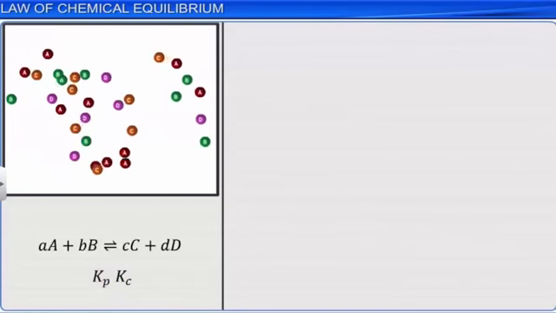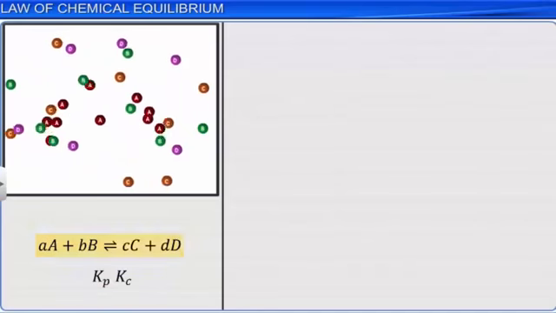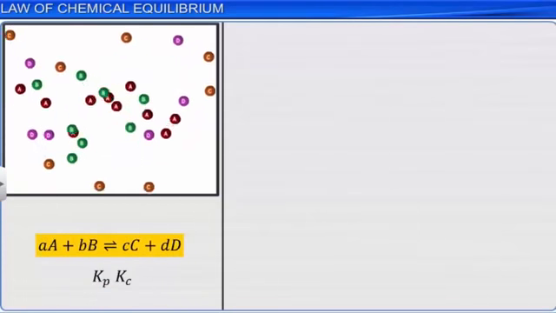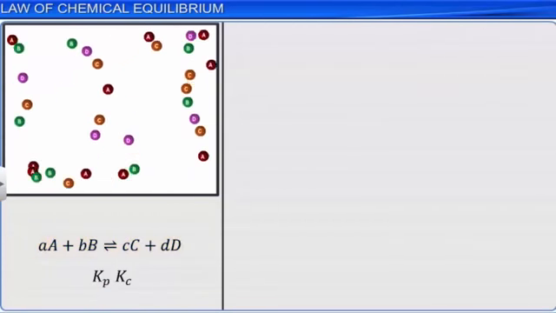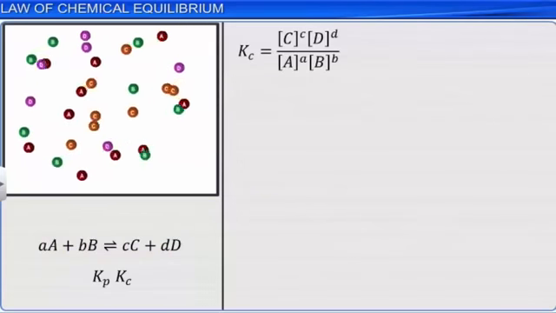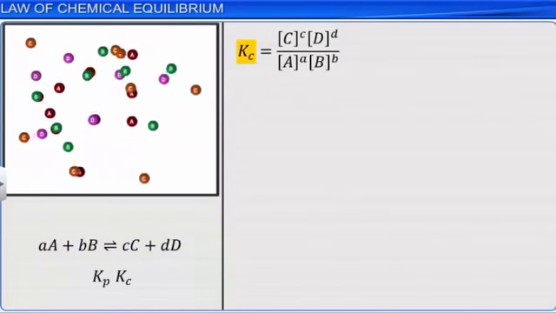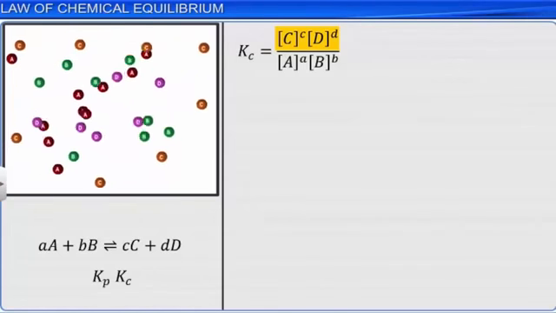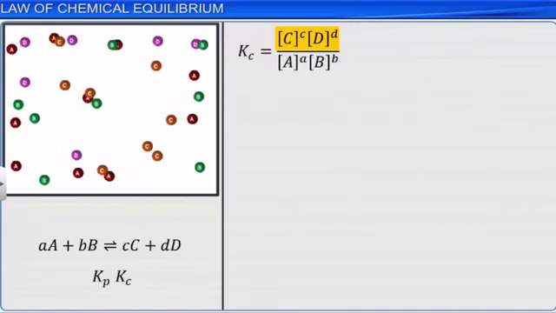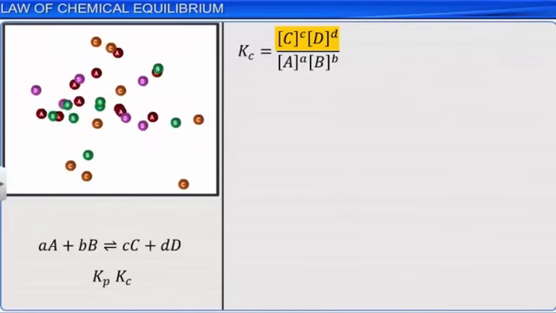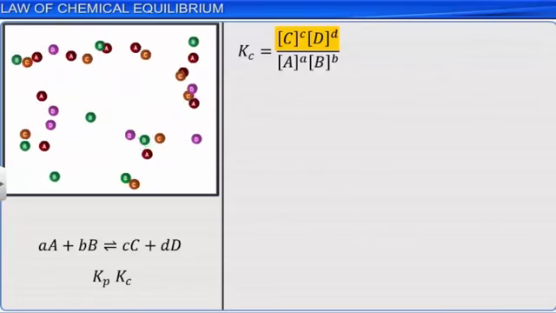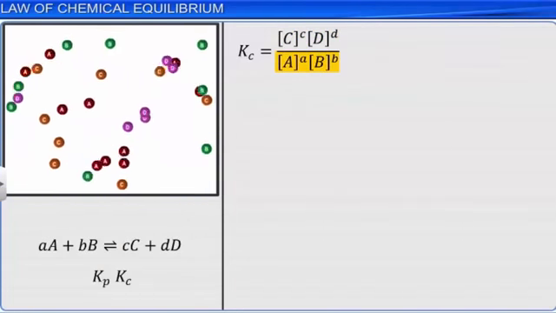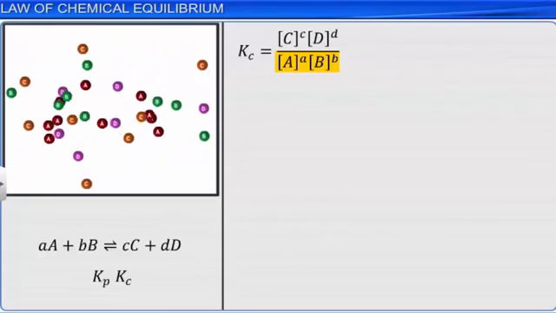For a general reaction of the type aA + bB in equilibrium with cC + dD, the equilibrium constant is written as Kc equal to the concentration of the products C raised to the power of c and D raised to the power of d respectively, divided by the concentration of the reactants A raised to the power of a and B raised to the power of b respectively.